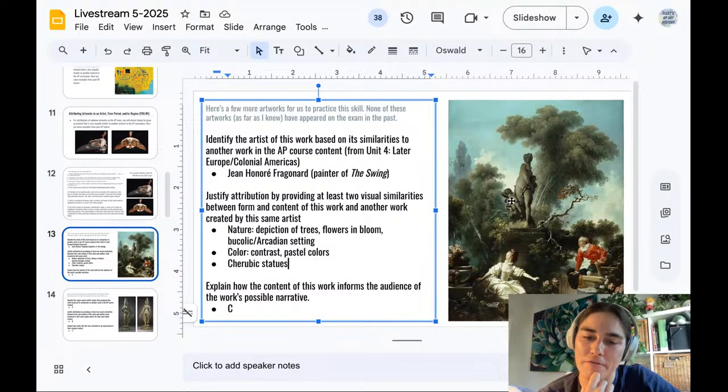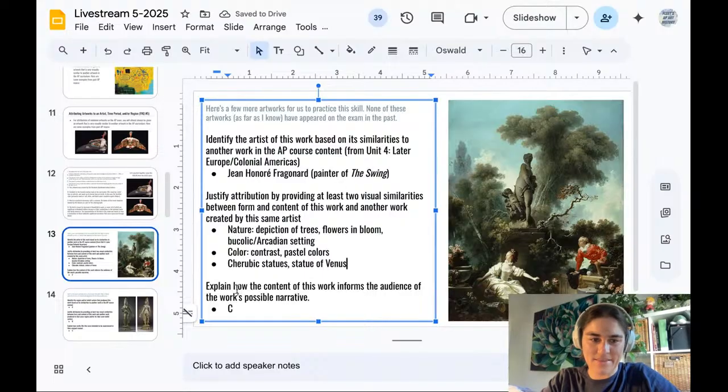So the smaller figure to the left over here is Cupid, and who is Cupid's mom? Aphrodite. Excellent. And typically, Aphrodite is associated with what? Love and beauty, right?